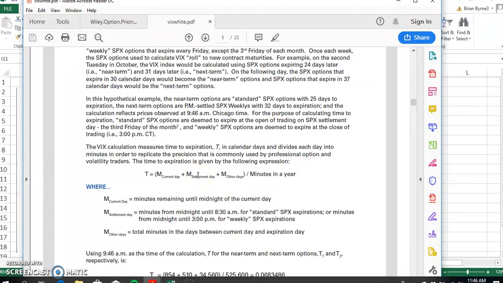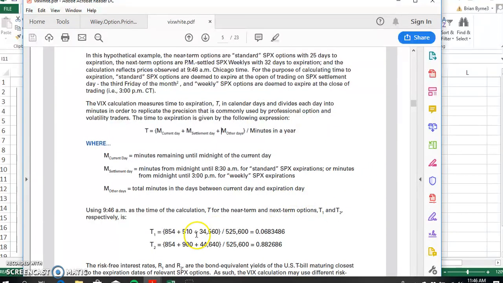There is a number of minutes until the settlement takes place on the final day, and then the number of days, expressed in terms of minutes, for the actual contract, for the near and then the next contract.